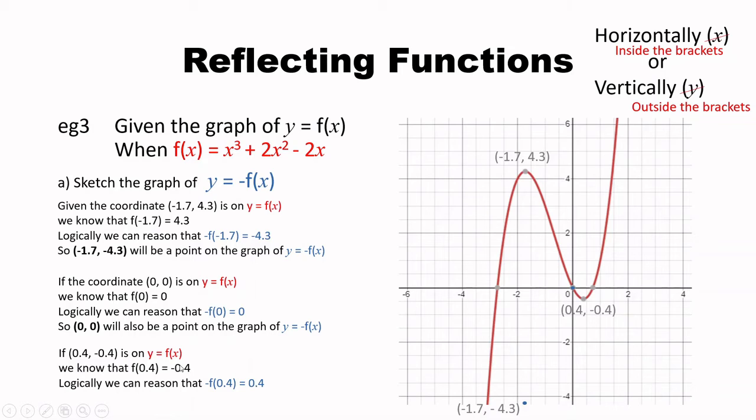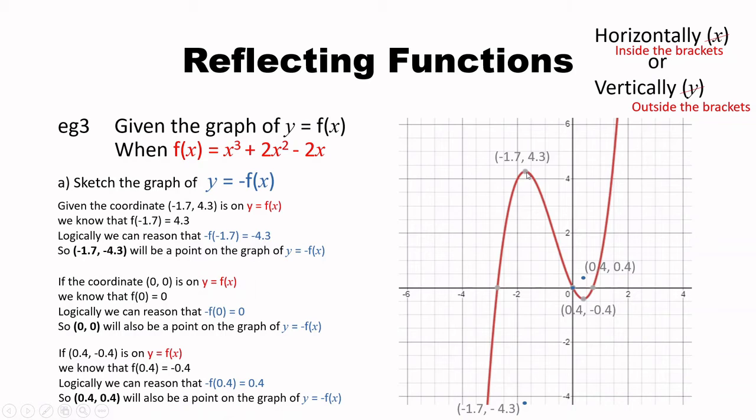I simply changed the signs on both sides of that equation. So that means the point (0.4, 0.4) will be on my graph of y equals -f of x. That's this point here.